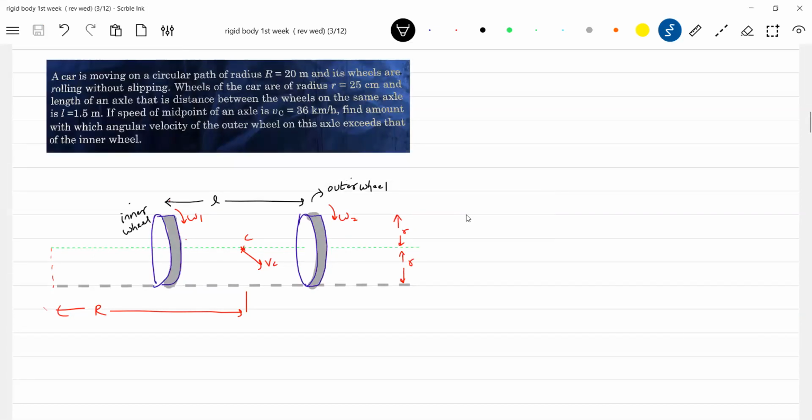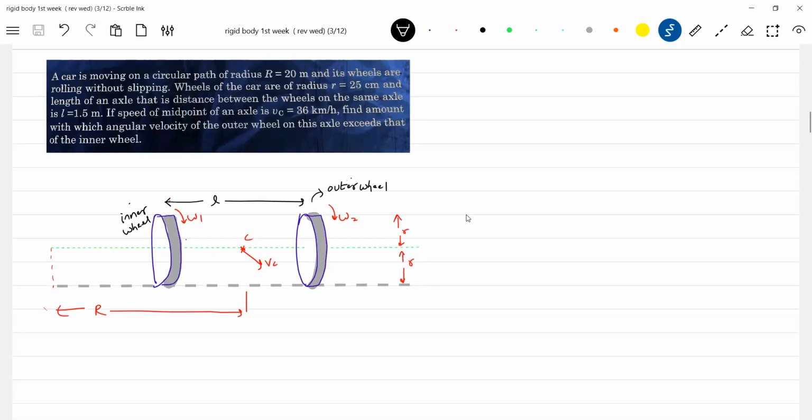Okay, let's take the thing now. Smaller r is the radius of the wheels, capital R is the radius of the circular path. I can't draw this; you are supposed to assume the car, everything.